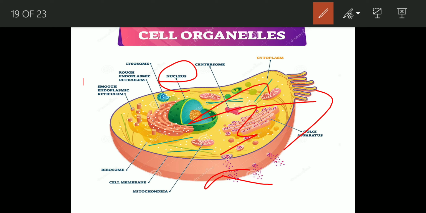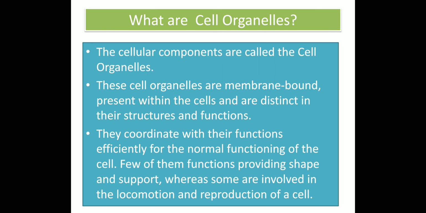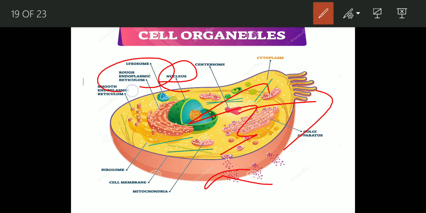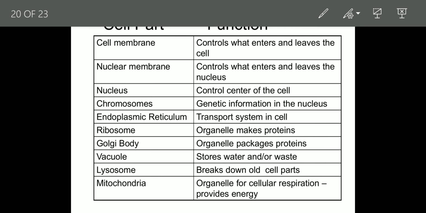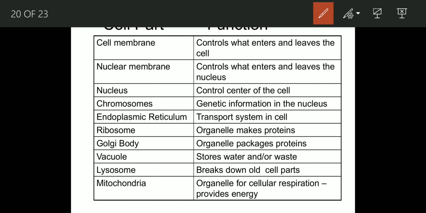These different cell organelles perform different functions required for the proper functioning of the cell. They include the endoplasmic reticulum, lysosomes, mitochondria, the powerhouse of the cell, the Golgi apparatus or Golgi bodies, and the ribosomes. We will go into details in our next part. I will just briefly cover the functions of the different contents of the cell, like the cell membrane we have discussed.